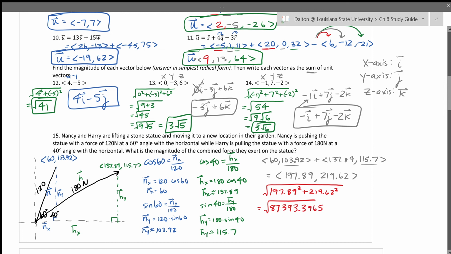And then rounding that to the nearest hundredth, we're going to get our magnitude answer of about 295.62. Always, always, always put your units. Notice their forces are being described in newtons, so their combined force should also be described in newtons.